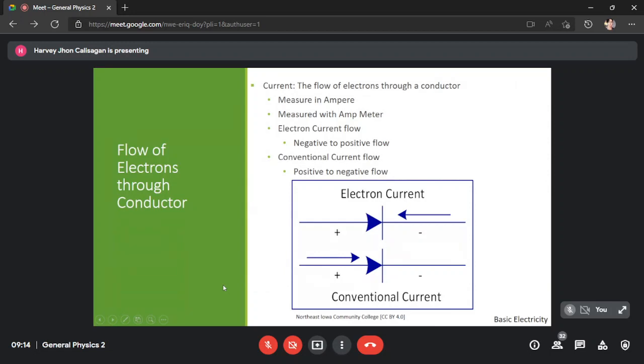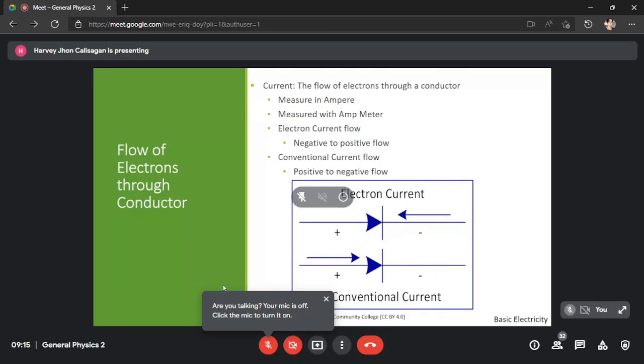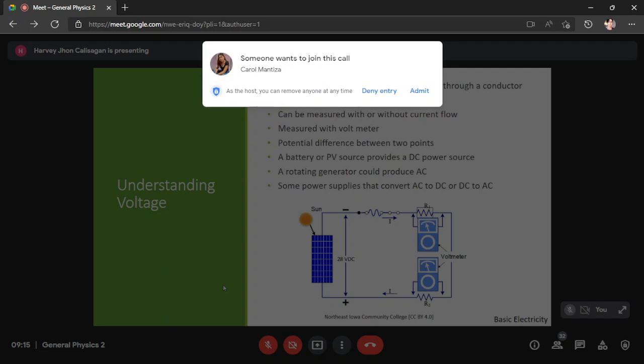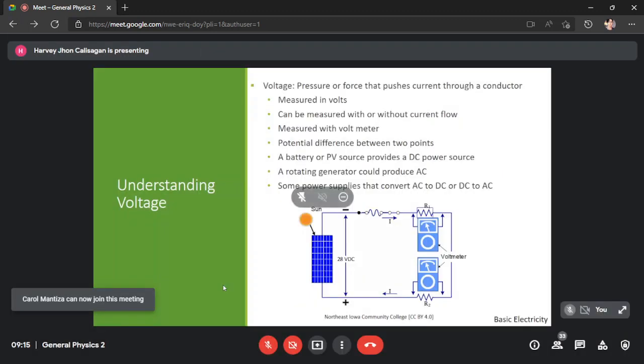That's the reason we call it an insulator, because the large number of positive particles stops the flow of the negative charges or the electrons.